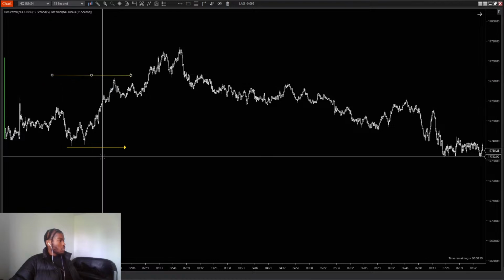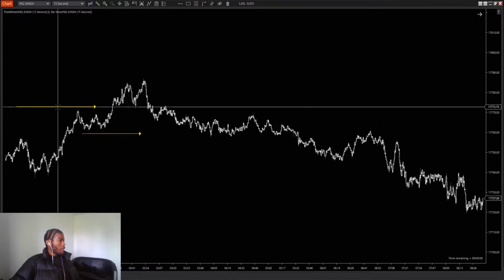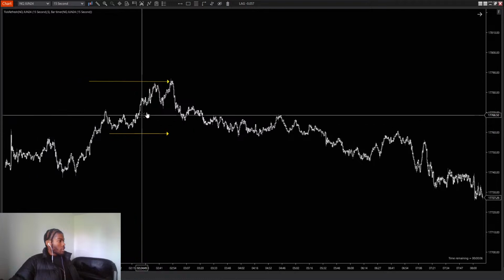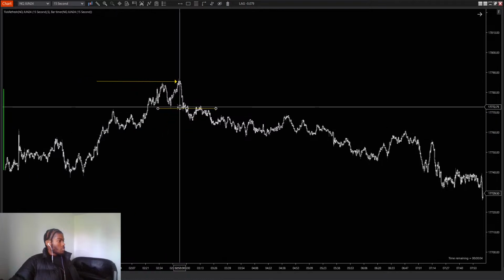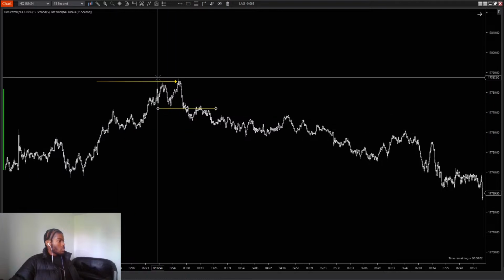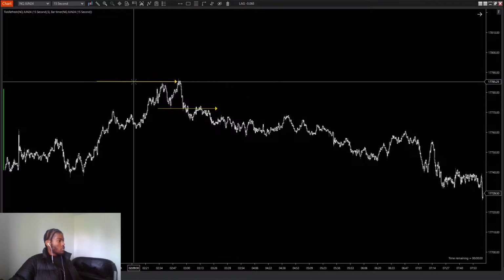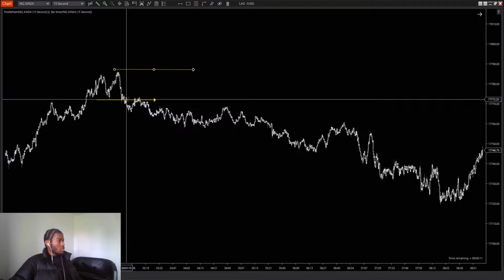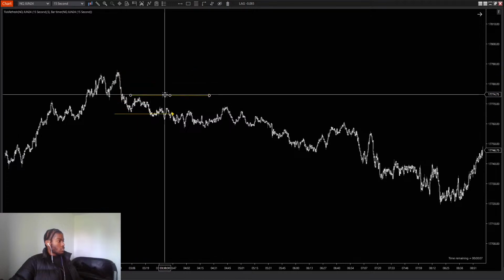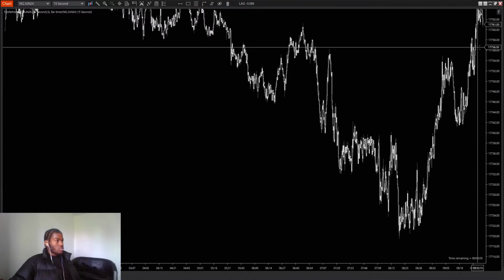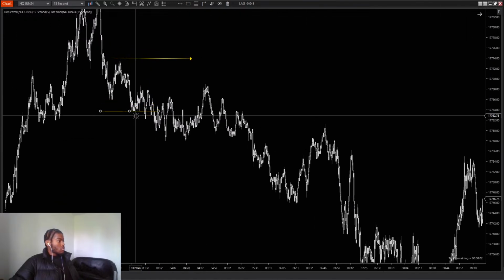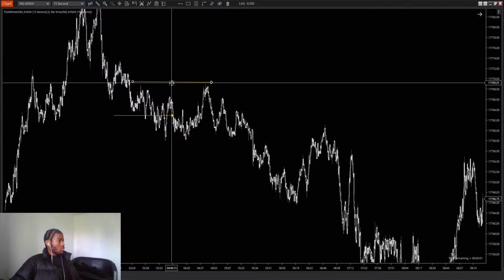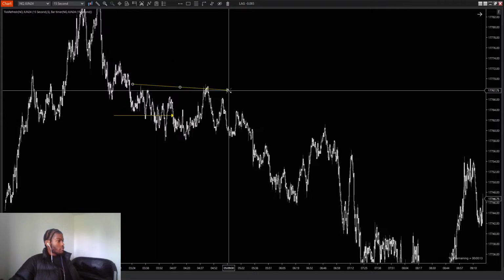Break above a high, put in a low. Break above a high, put in a low. You break above that high, we violate the low. Cool, that becomes protected. Protected, failed.